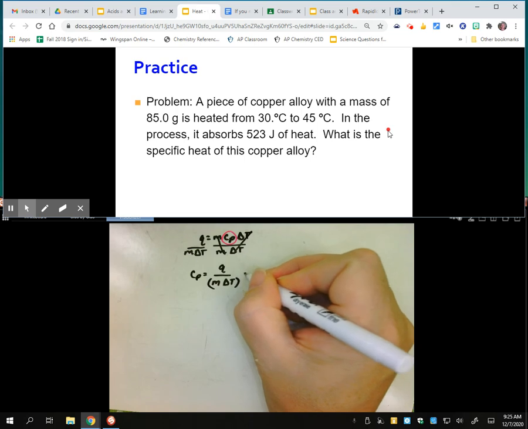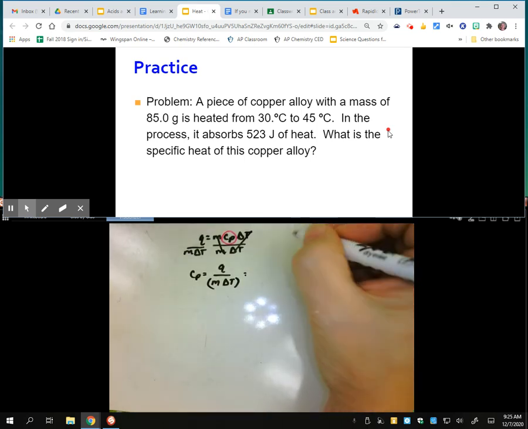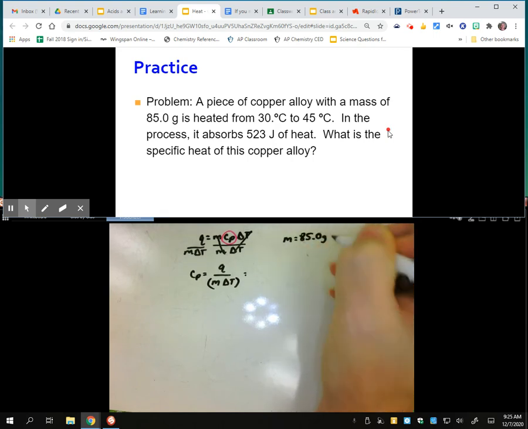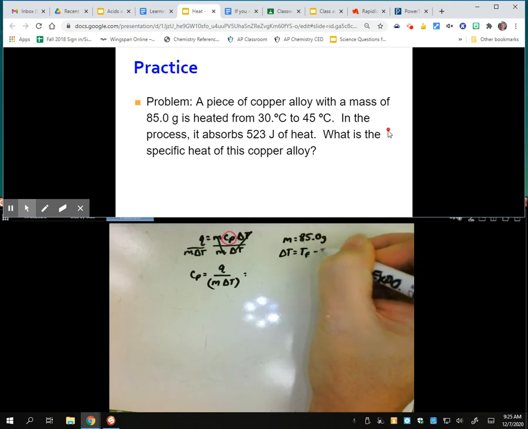All right, so now I need to find my variables. So I've got 85 grams, that's a measurement of mass. I have 30 to 45 degrees C, that's going to be my delta T. So final temperature minus initial temperature.